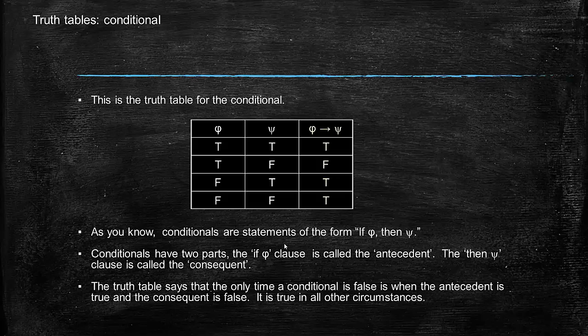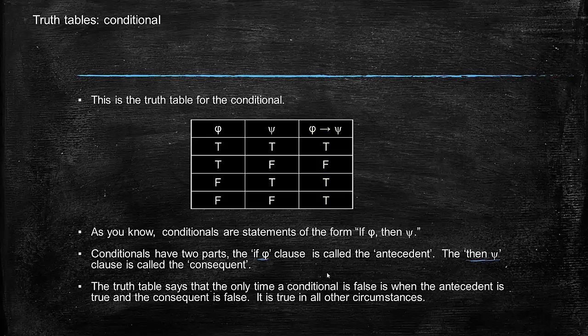So conditionals, as you know, are statements of the form if phi then psi. And although we haven't stressed this yet, the if part is called the antecedent. So if I talk about the antecedent of the conditional, I'm talking about the if part, and the then part is called the consequent.